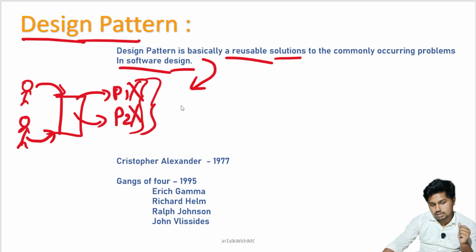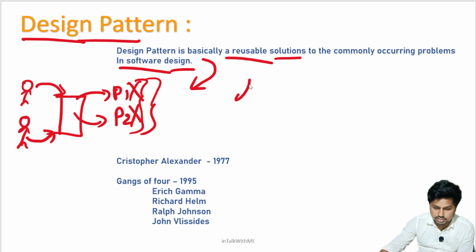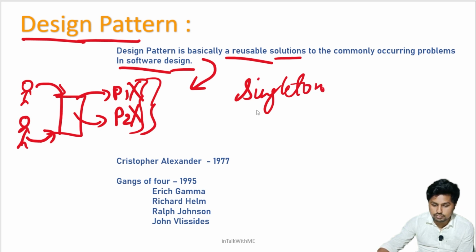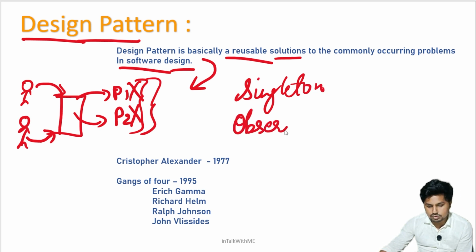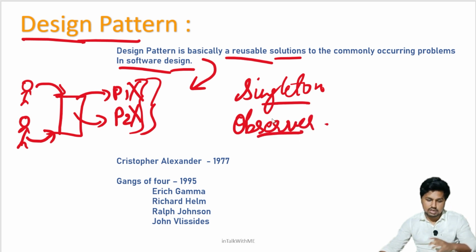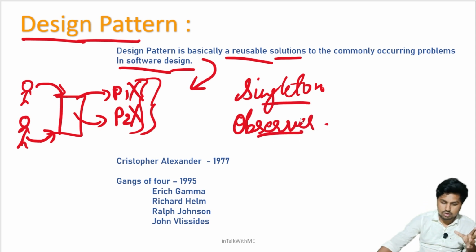So that is a design pattern. We will be discussing more when we discuss the singleton design pattern, the observer design pattern and all those things. There we will see what singleton, what observer design pattern and other things are.